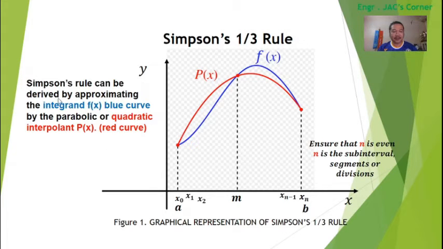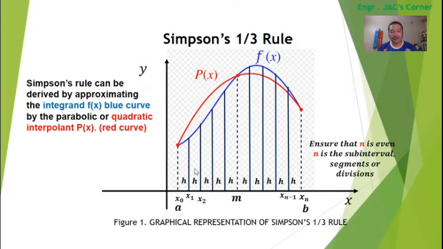Simpson's rule can be derived by approximating the integrand f of x, the blue curve, by the parabolic or quadratic interpolant p of x, the red curve. These are the subdivisions, and this is the h, or the step size. H is computed by b minus a divided by n, that is the step size or length size.